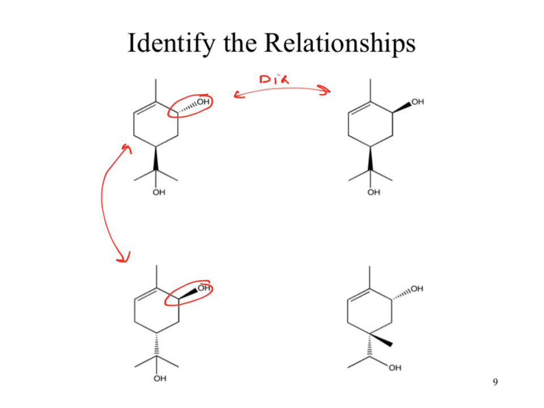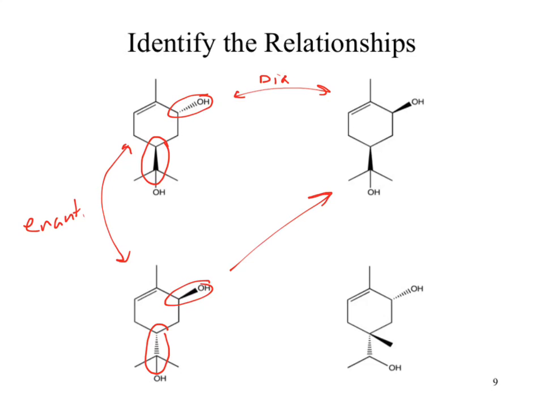We switched it. We did the mirror image. What did we do to this bond? We did the mirror image. We did the mirror of both positions, which means it's the mirror image. Are these structures superimposable? If we tried to overlay those directly on top of each other, they don't superimpose, which means we're looking at enantiomers.